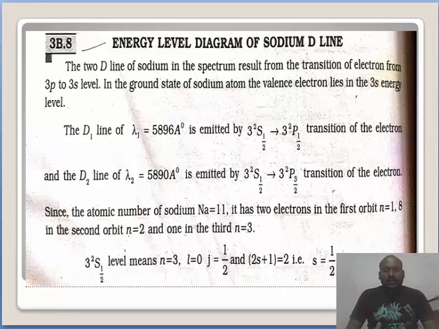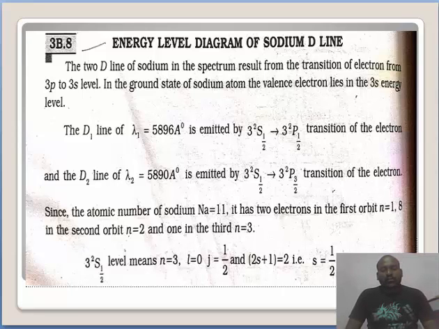And the D2 line has a wavelength of 5890 angstrom. There are two lines, lambda 1 and lambda 2. This wavelength is emitted by the transition from 3p3/2 ²P to 3s1/2 ²S.